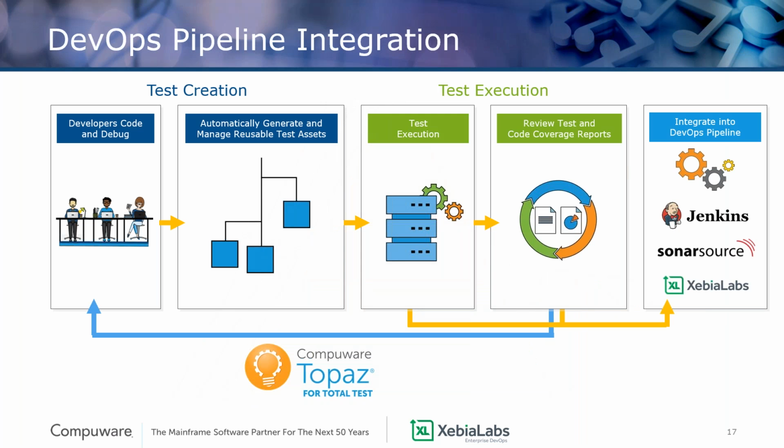So before going into the demo, just quickly to explain, Topaz for Total Test is a modern way of looking at testing on the mainframe. It is integrated very well into a modern DevOps development process. So as a developer, you will sit in a modern IDE and develop and debug your code. When you want to, you can then start to generate or create test cases.